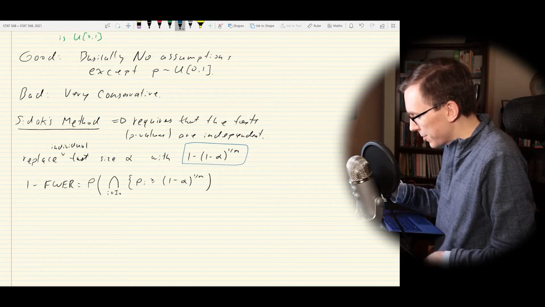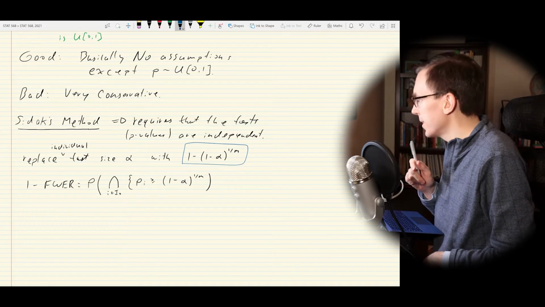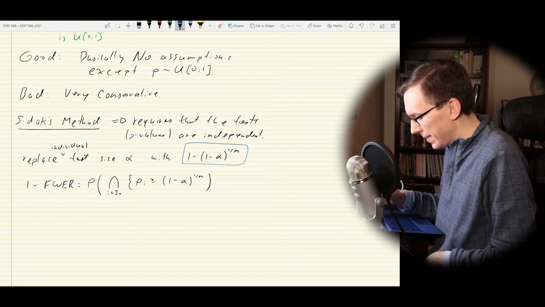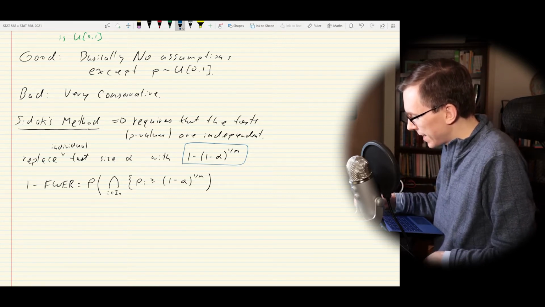Right, because the idea is, do I want 1 minus alpha over m? No, I think that's what I want. Yeah, right, the idea here is that, let's write off to the side here.